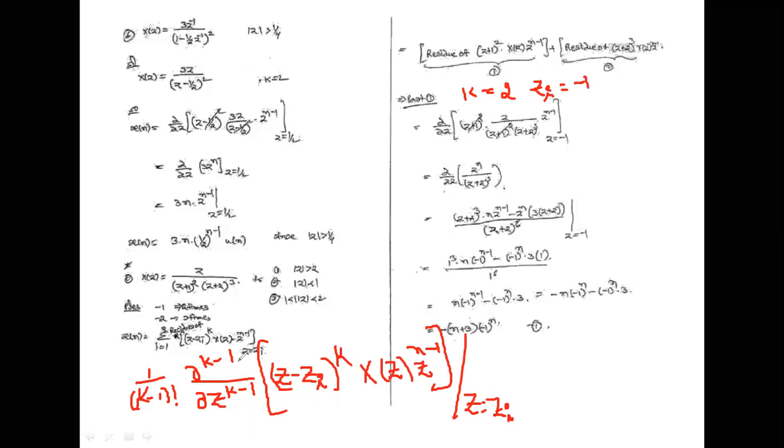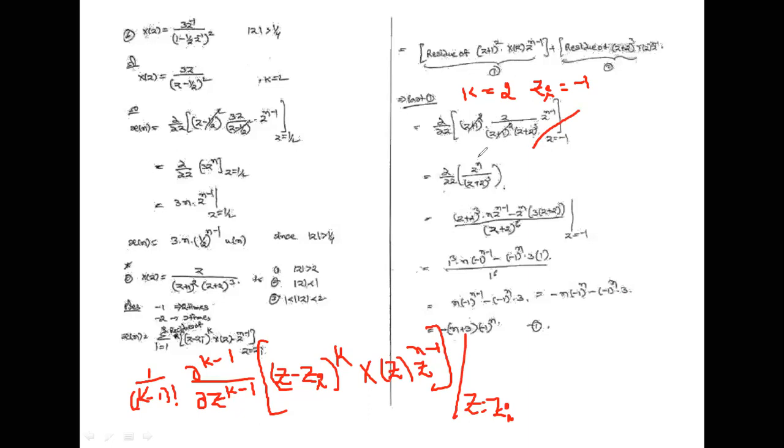Substituting, we get 1 by (2 minus 1) factorial, dou power 2 minus 1 by dou z power 2 minus 1, which means dou by dou z, of (z plus 1) whole square times z by (z plus 1) whole square and (z plus 2) whole cube, z power n minus 1, at z is equal to minus 1. Because it is a first derivative only, after cancelling the z plus 1 whole square, we have z power n by (z plus 2) whole cube.